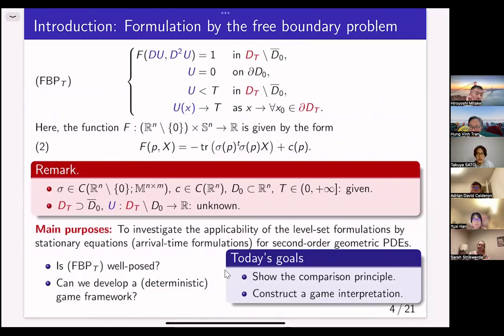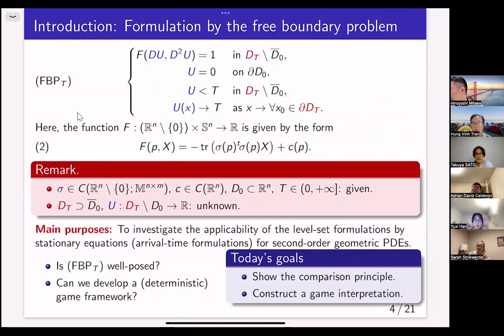The main result that I would like to explain today is that, for these two main purposes, at first we want to show the comparison principle for these free boundary problems.